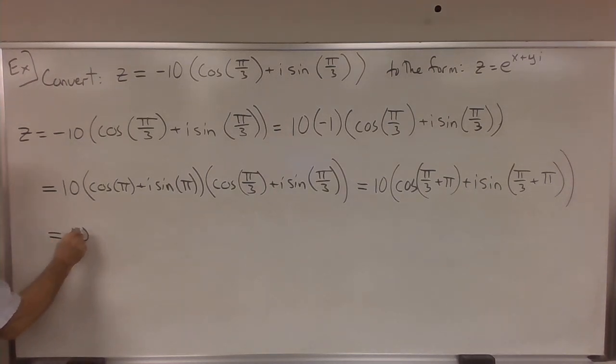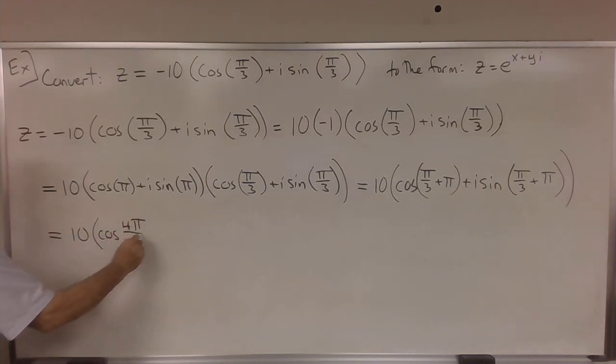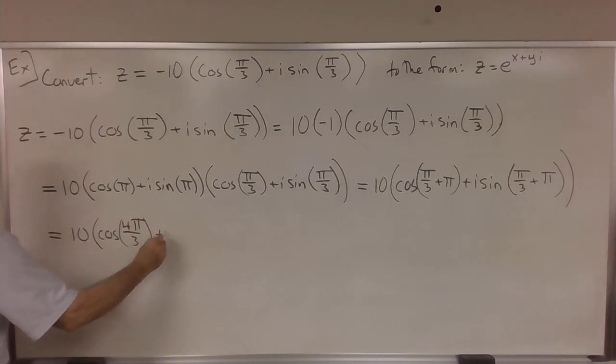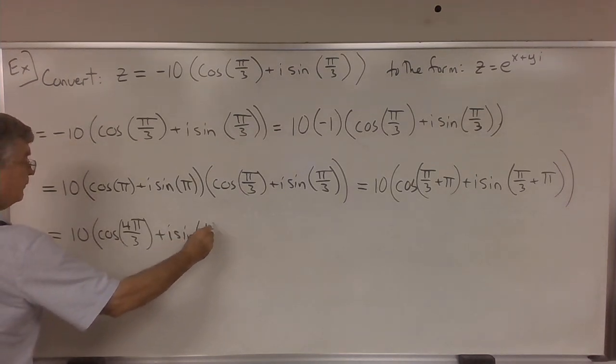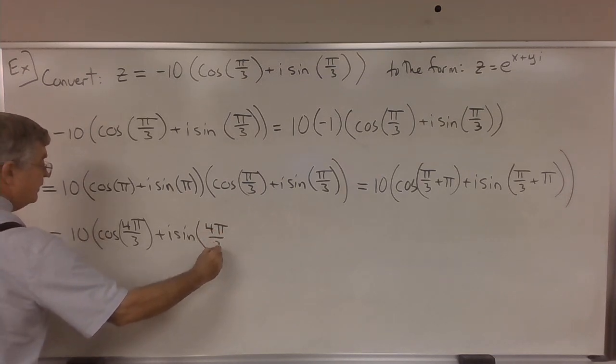And that gives us 10 cosine of 4 pi over 3 plus i sine 4 pi over 3.